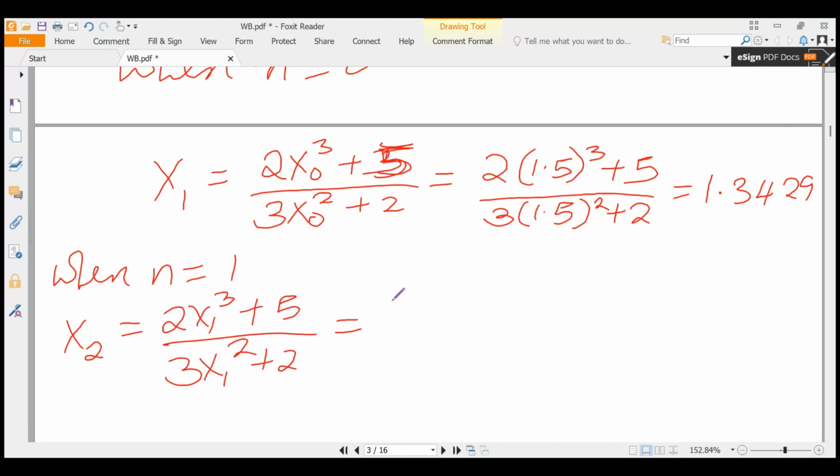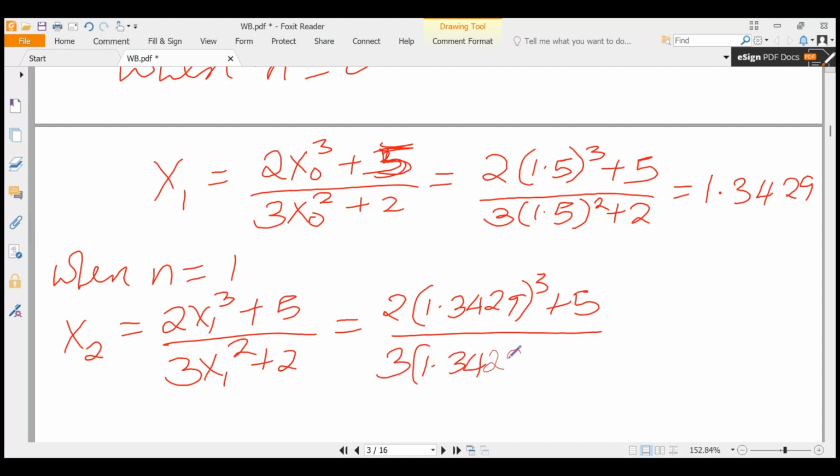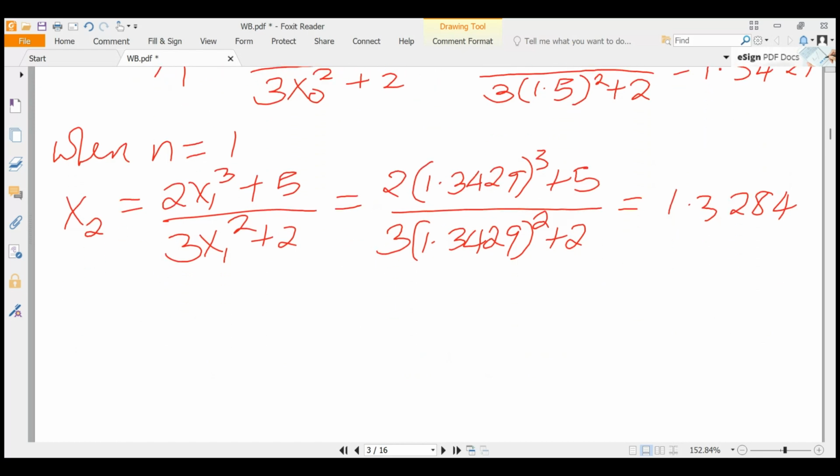So we get 2 times 1.3429 cubed plus 5, and the denominator is 3 times 1.3429 squared plus 2. Working out this value, we get 1.3284, correct to 4 decimal places.